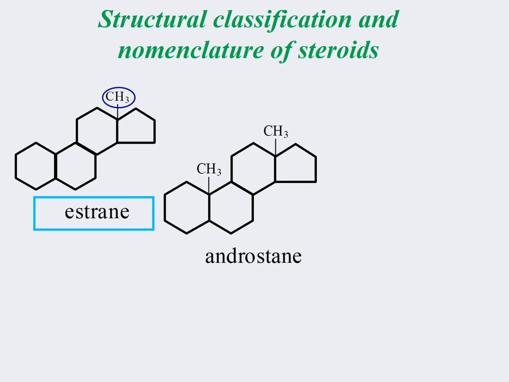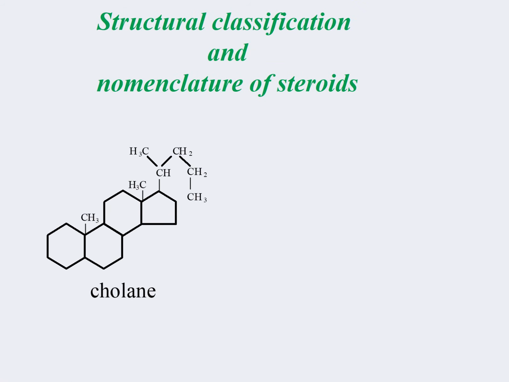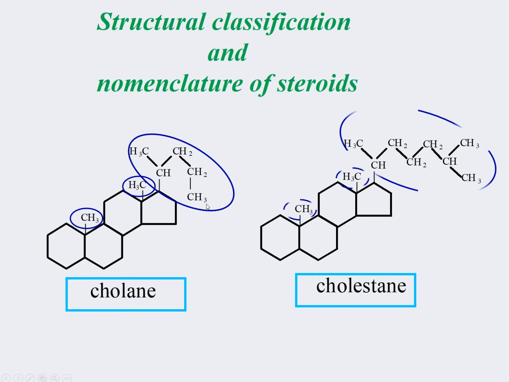But when we add a methyl group, we will obtain androstane structure, and two more carbons give pregnane structure. That is why it will be 18th, 19th, 20th, 21st. Then three more carbons, 22nd, 23rd, 24th, cholane structure, and finally cholestane with 27 carbons.